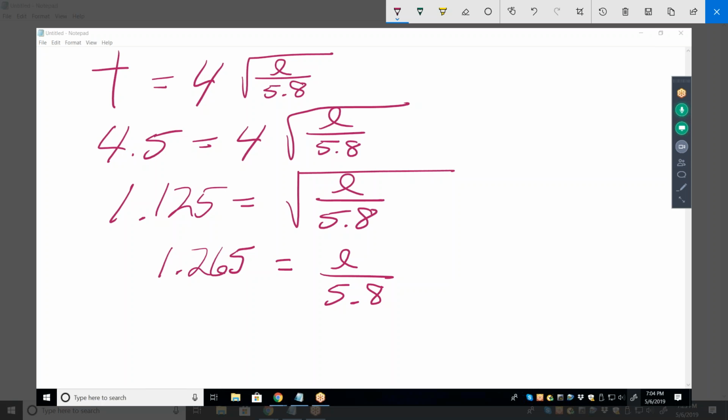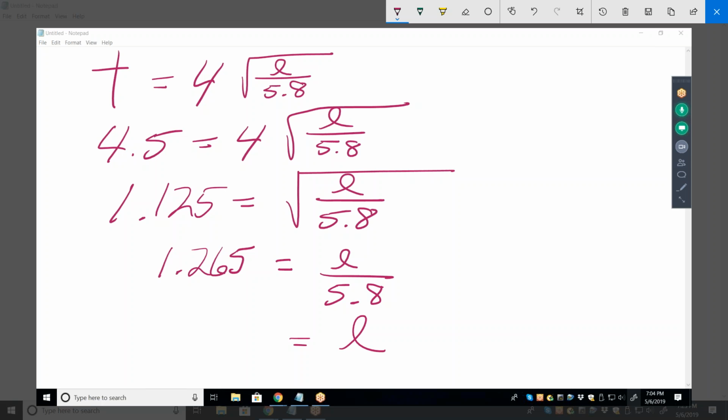We square both sides. We got rid of that radical sign on both of them because they were both inside the radical sign. Now what's L going to be equal to? Wait, so would you subtract a 5.8? No. What's 5.8 doing right now? You got to get rid of it.